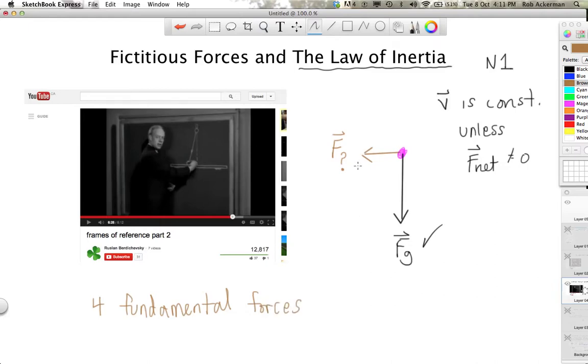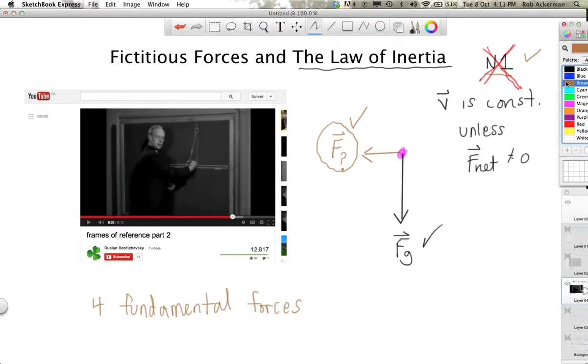So we're left with a little bit of a problem here. Either we invent a new force and we get to still believe in Newton's first law, or we have to decide that in this strange frame of reference, Newton's law simply does not apply. So what's your choice? Do you want the red option where I put a red X through Newton's first law?